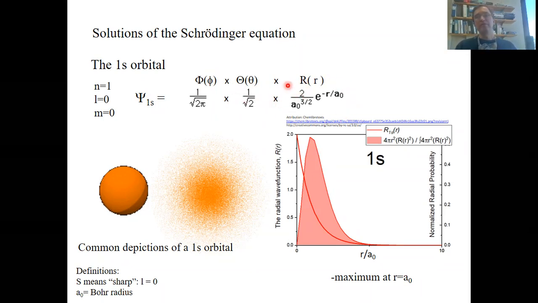Now here you see the radial part of the wave function, and you see that this radial part is an exponential term. You see here a coefficient 2 over a0 to the power of 3 over 2 times e, the Euler number, to the power of minus r over a0.